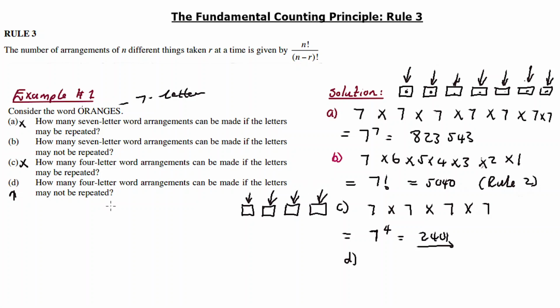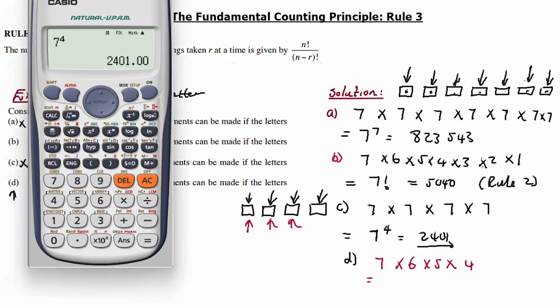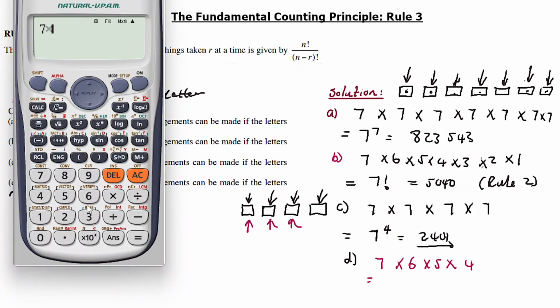For this problem, for the 4-letter word, for this first block, how many choices do I have? 7. Keep in mind, they may not be repeated. So it's 7 times 6 for this one, times 5 for this one, times 4 for the last one. So our answer is 7 times 6 times 5 times 4.